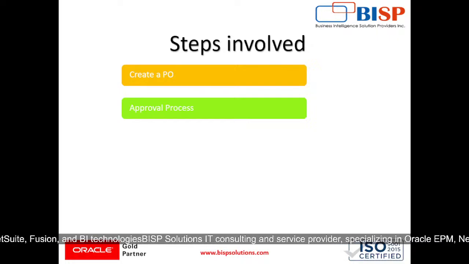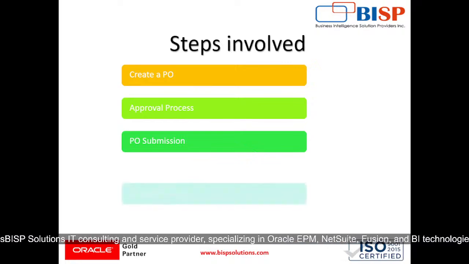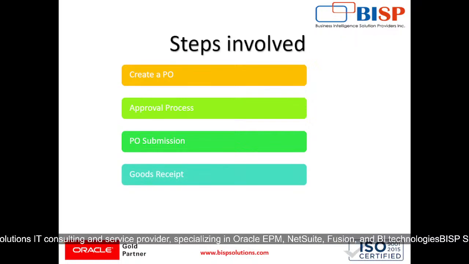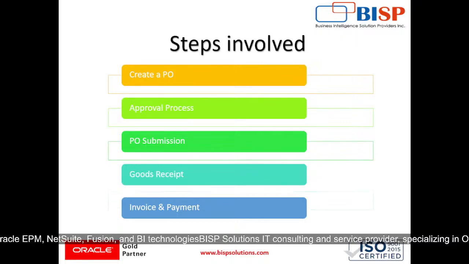PO submission, which once approved, NetSuite automatically emails the purchase order to the vendor itself. Then goods receipt, when items arrive, they are matched with the PO to ensure accuracy. Then comes our invoice and payment, where the vendor sends an invoice which is matched with the PO before payment is done.